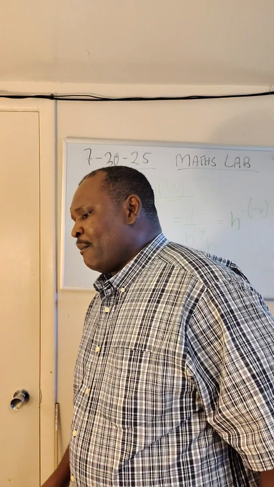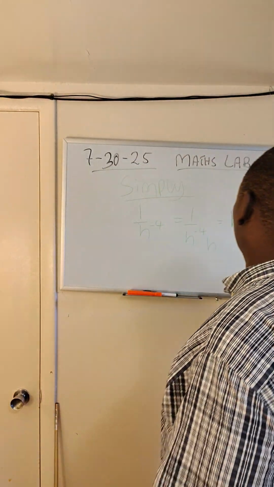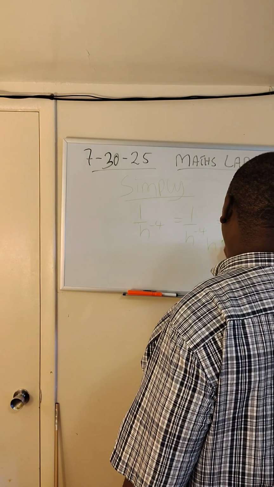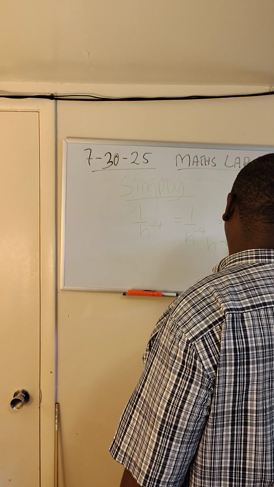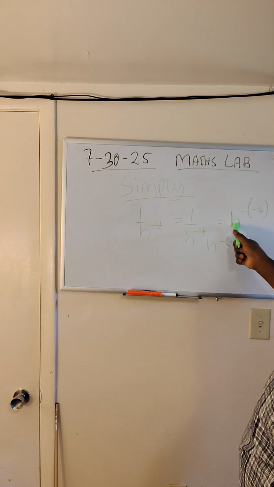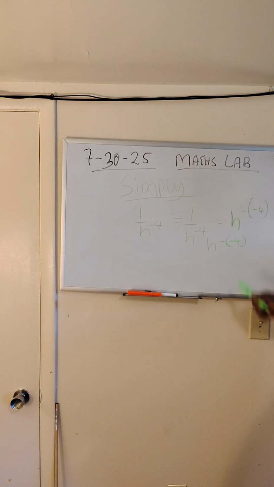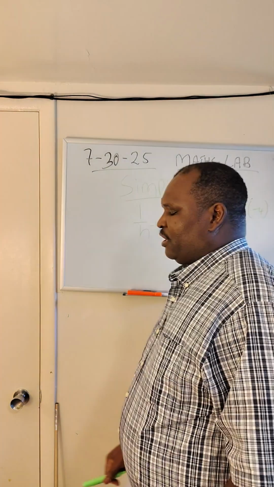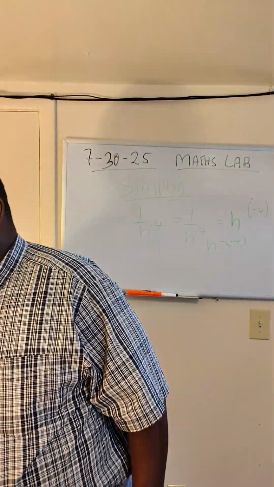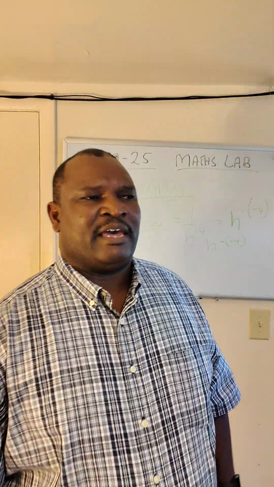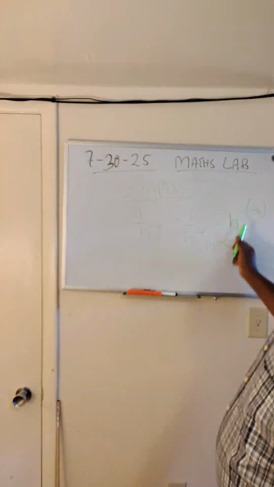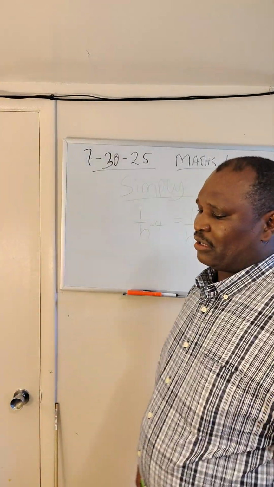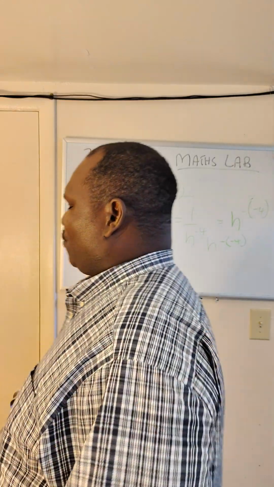So now we have this h right here, and then there's a negative, and that negative we multiply by negative 4 in bracket. Now remember, when you multiply a negative by a negative, the end result is a positive. Therefore, what do we get?